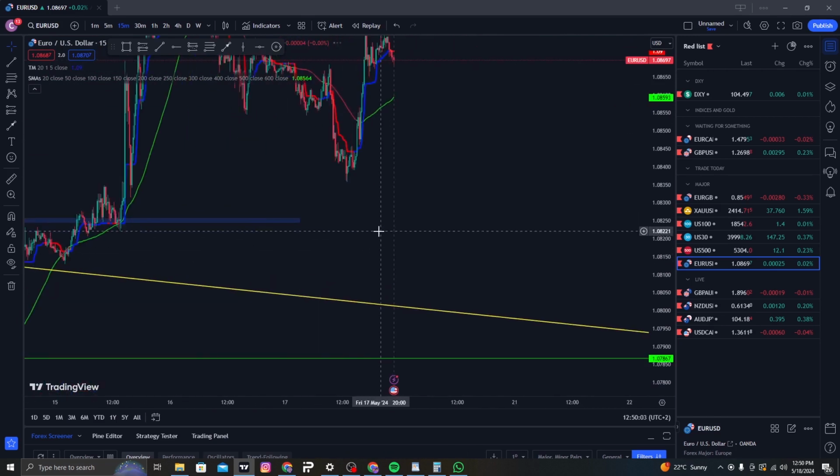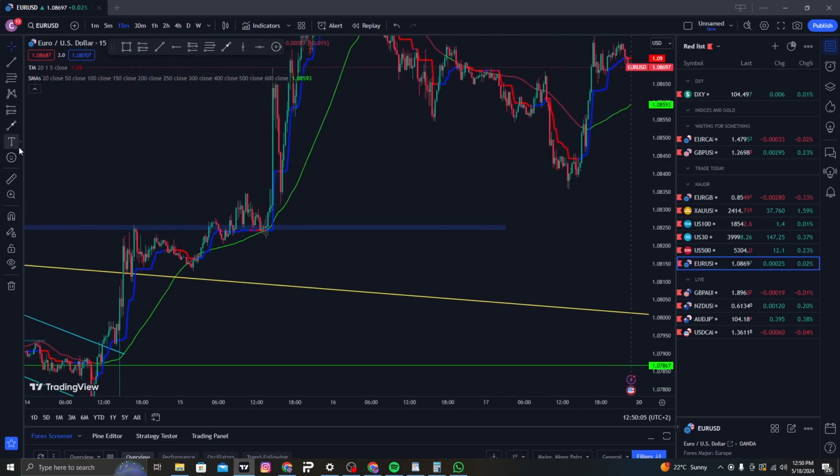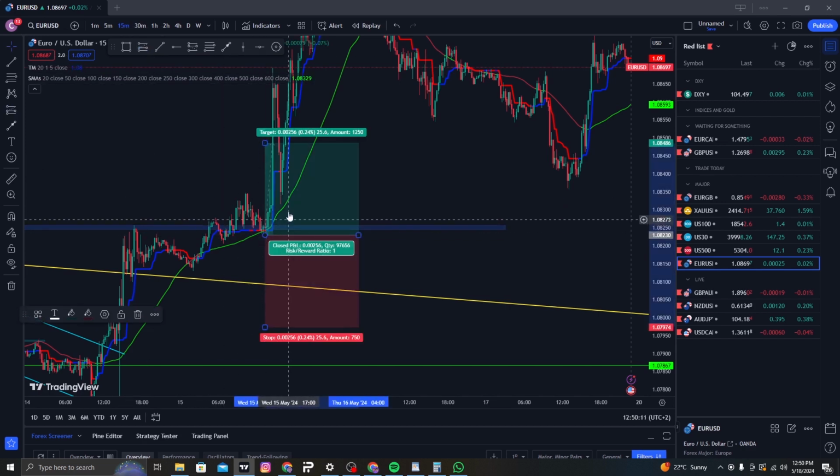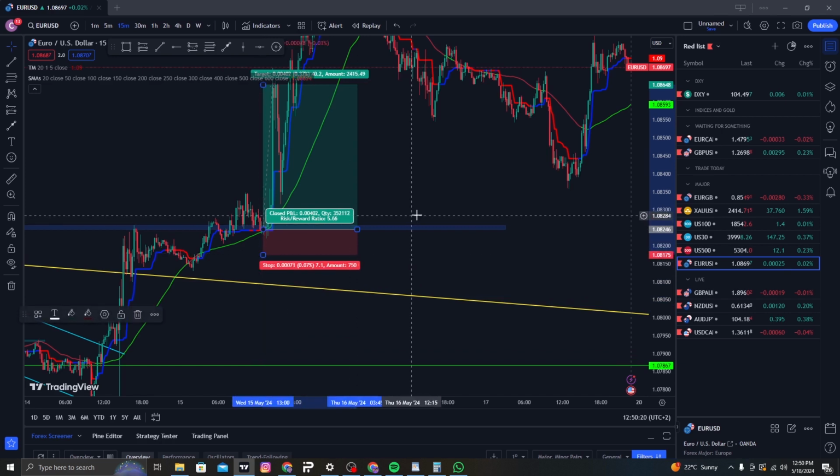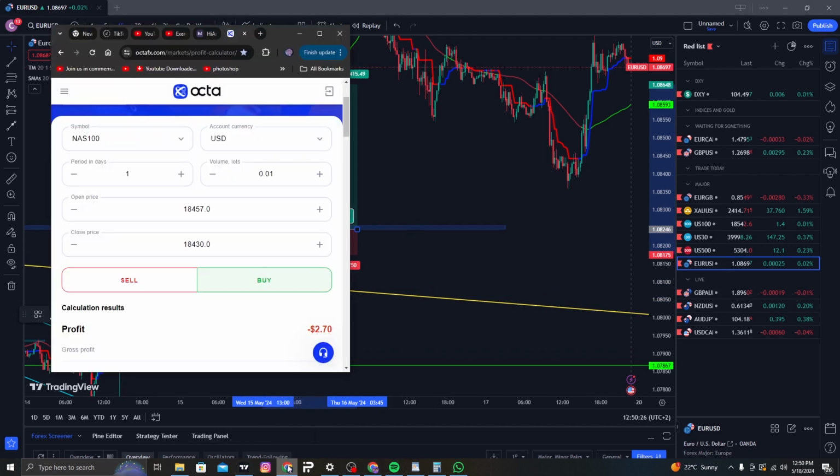You're seeing a beautiful trade. You take your long position. Your TP level is here. Your stop loss is beneath the support level, here. Then you have to go back to the forex calculator to use it, right?